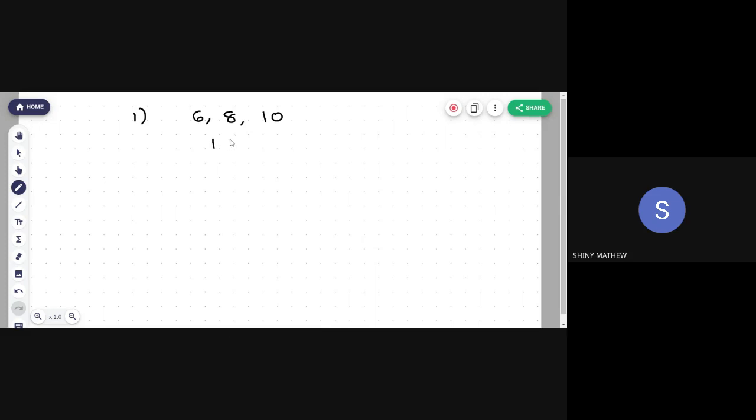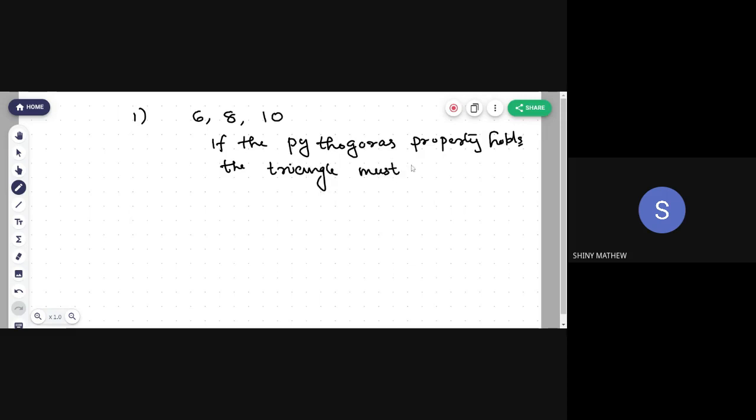Then below you write: if the Pythagoras property holds, the triangle must be right angled.